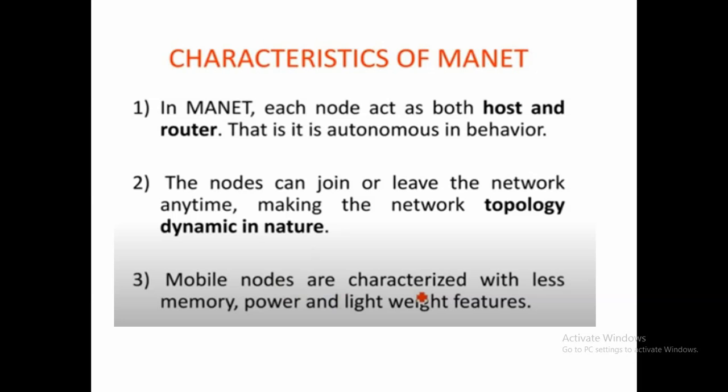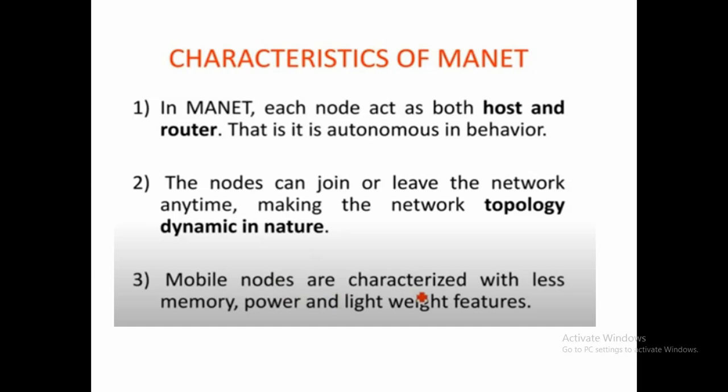At the same time, in individual behavior, it is autonomous, independent, with freedom. Autonomous means nodes can join or leave the network at any time. That means the topology is changing; it is dynamic in nature. You can assume the vertices are the nodes, so it changes dynamically every time.